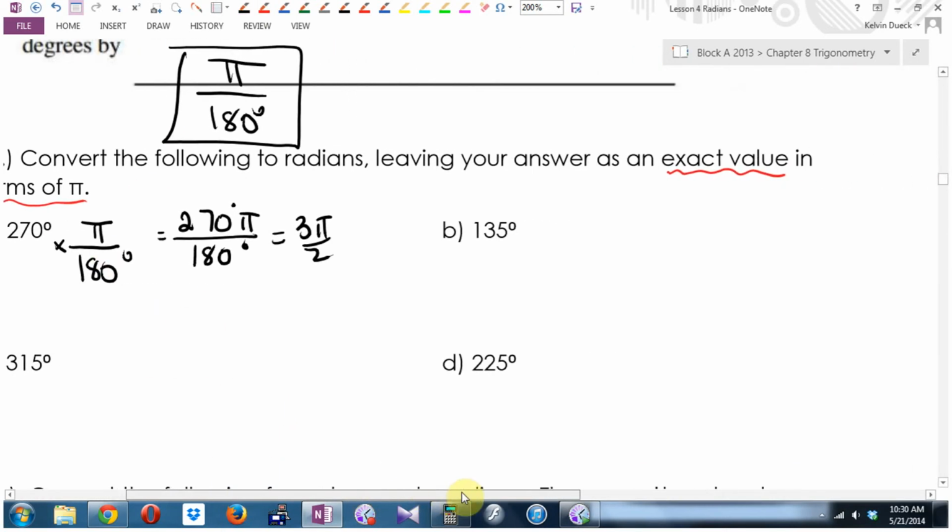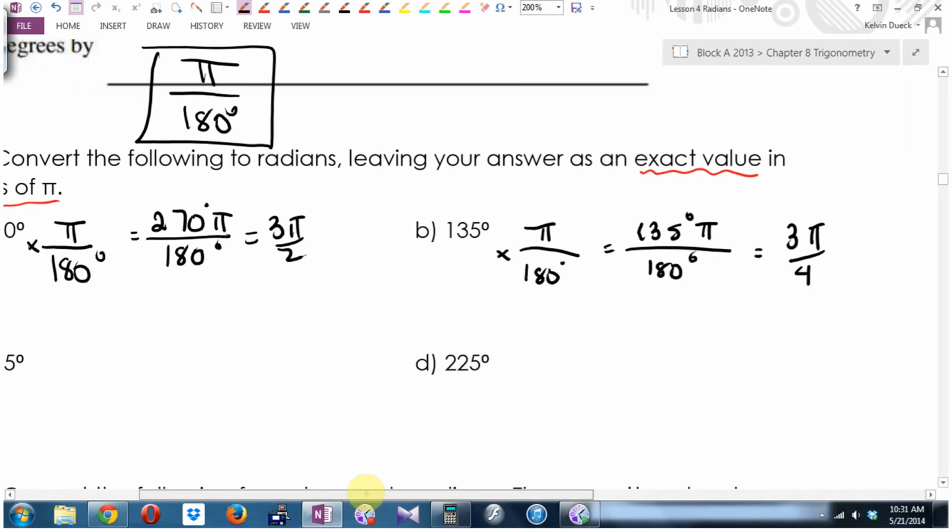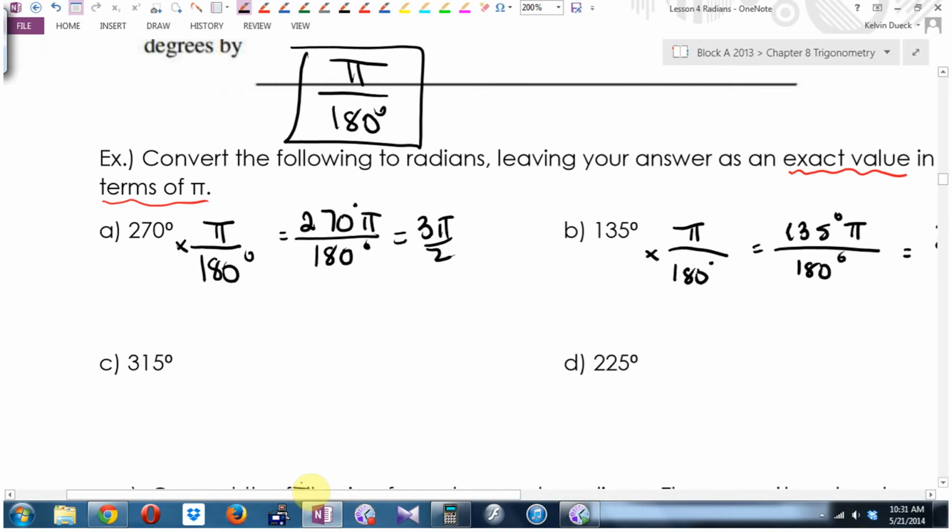135 degrees, if I want to convert that to radians, it's going to be 135 pi over 180. But what's 135 over 180 in lowest terms? This is 3 pi by 4. 315 degrees.